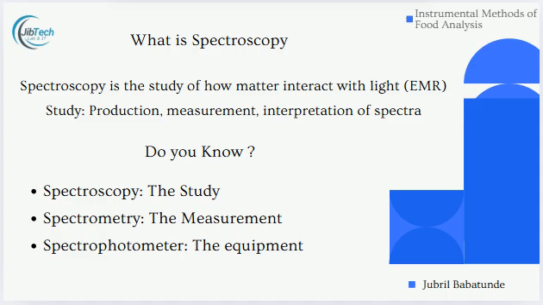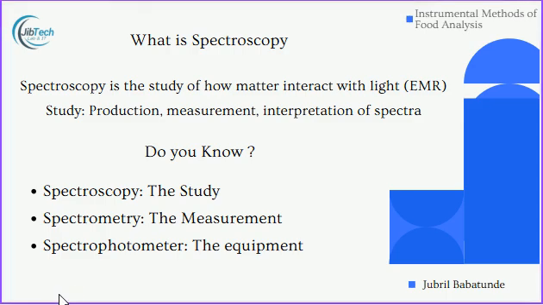By doing that, you get to know certain information about the contents in your cup. So the interaction between matter and light is what is known as spectroscopy. That's the science of how matter interacts with light.